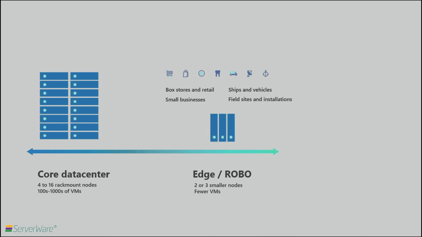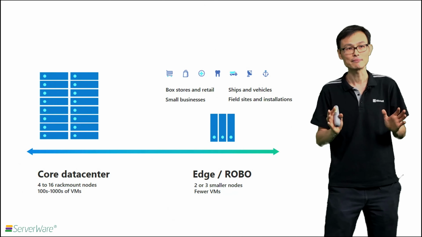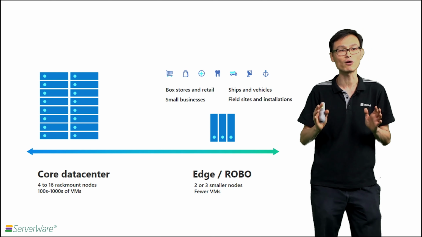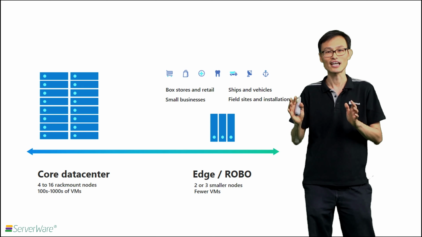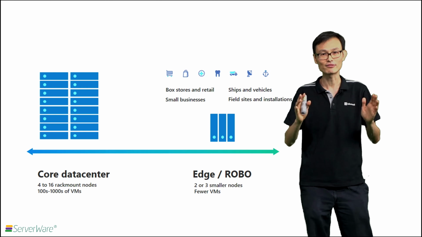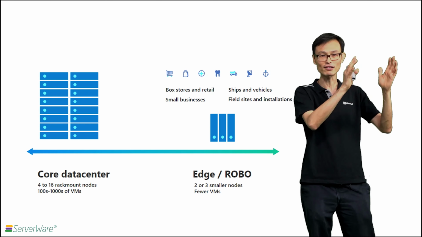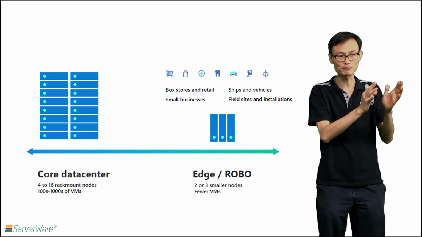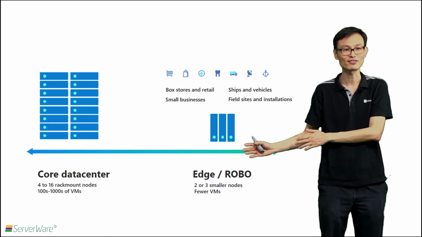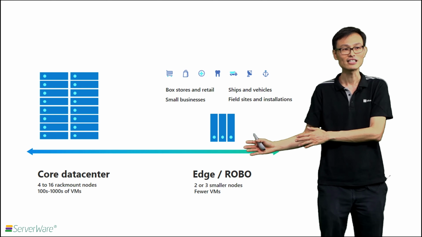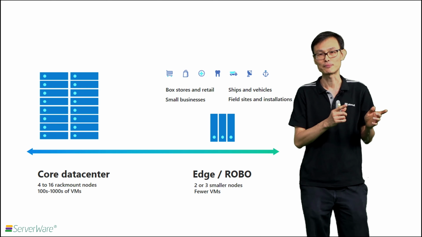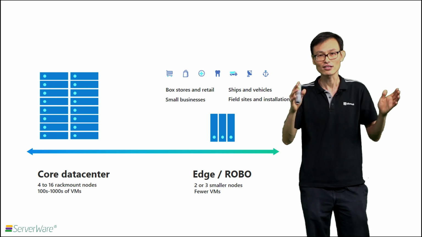So you don't need to break the bank, as we say, in this scenario. And it's important to note that from the core data center down to the edge, this technology is highly relevant. It doesn't matter how big your environment is, you can start super small, like in an edge or ROBO design, or even in the core data center, we have the ability to take you end to end.